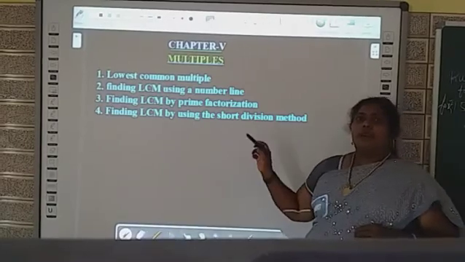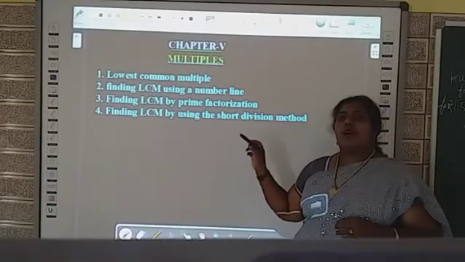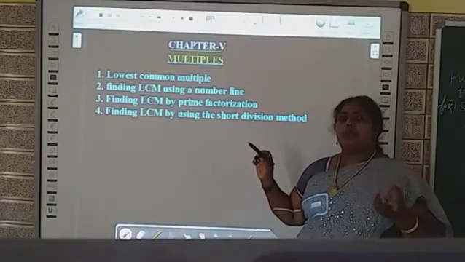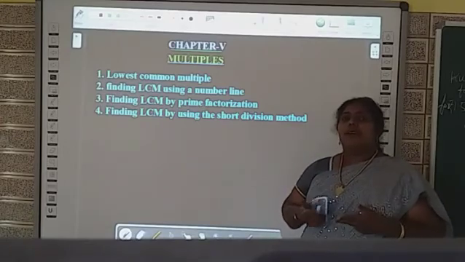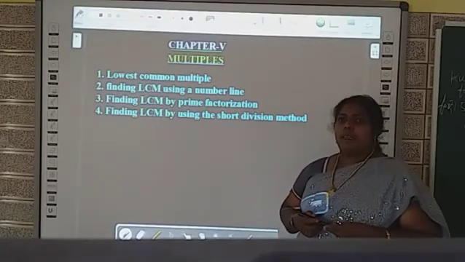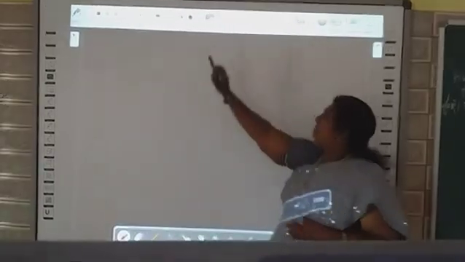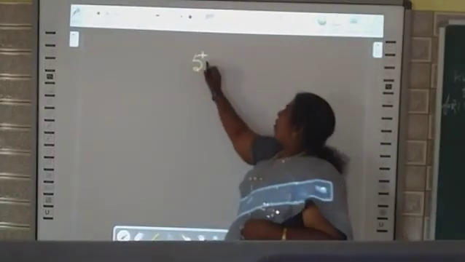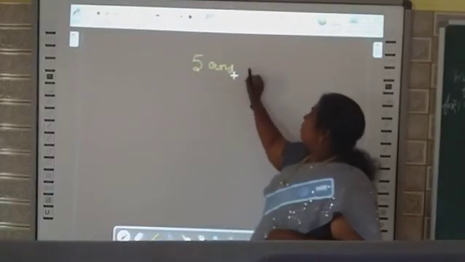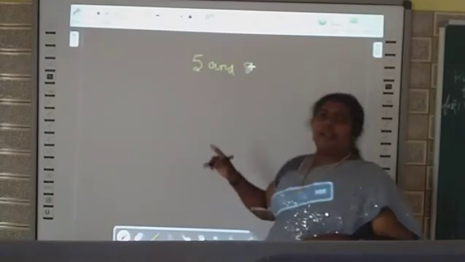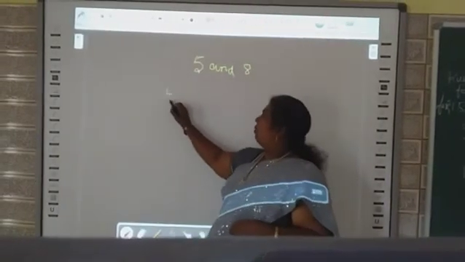Next, see here we are going to find the lowest common multiple. If two numbers are there, we can find the lowest common multiple, right? For example, 5 and 8. Okay. For 5, we can find the multiples.